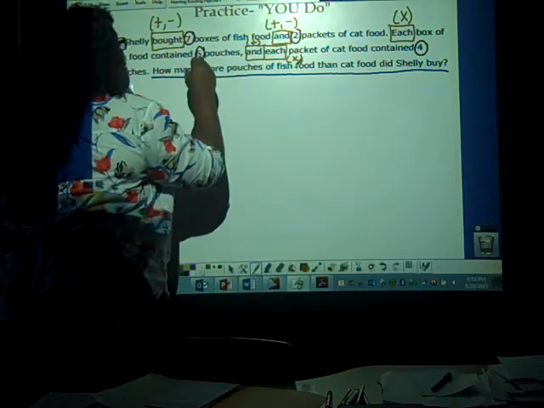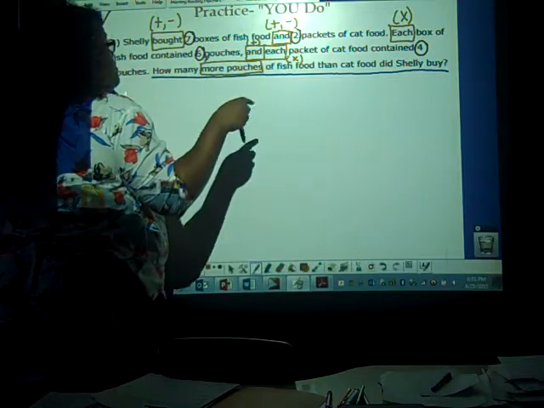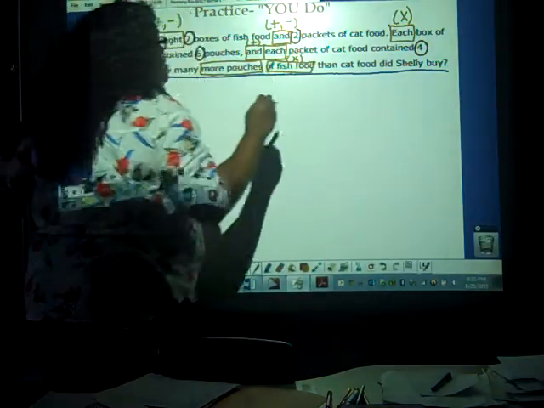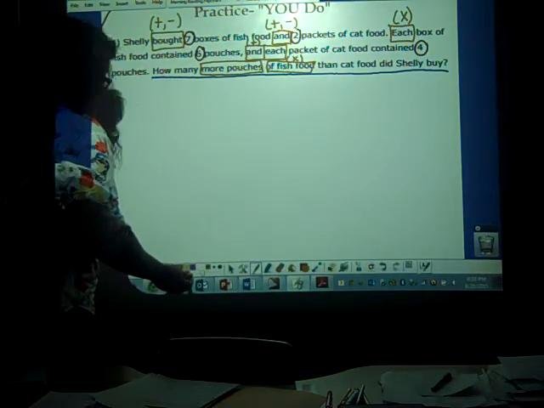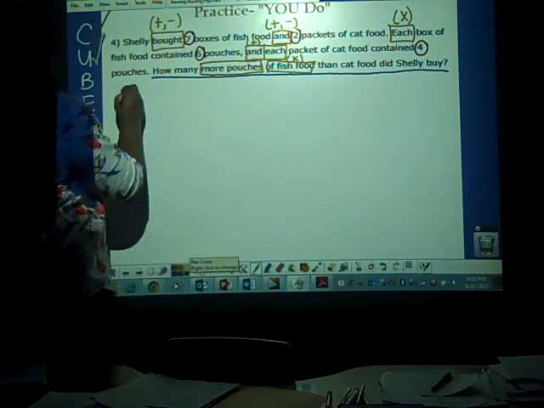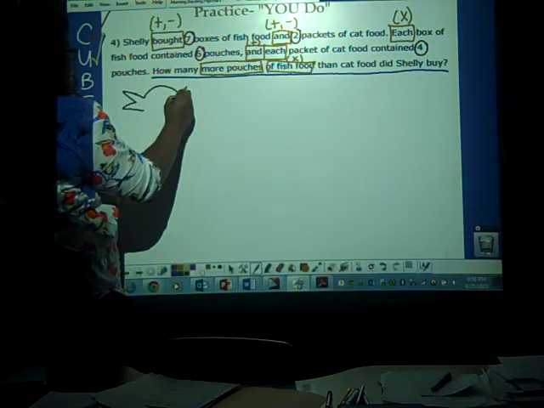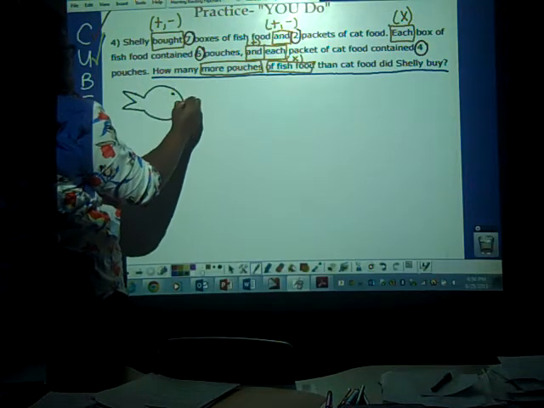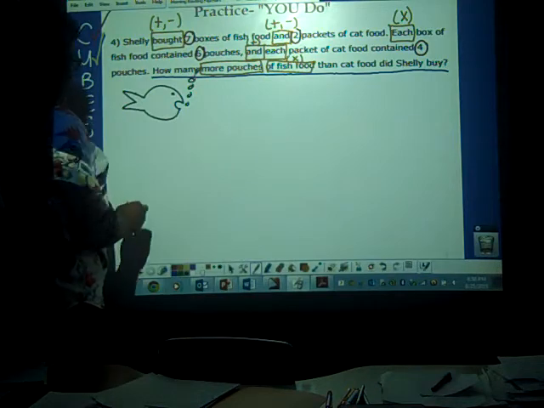How many more pouches of fish food than cat food? Okay. So I'm going to go ahead and talk about the fishes. Bloop, bloop, bloop, bloop. My fish looks kind of angry.